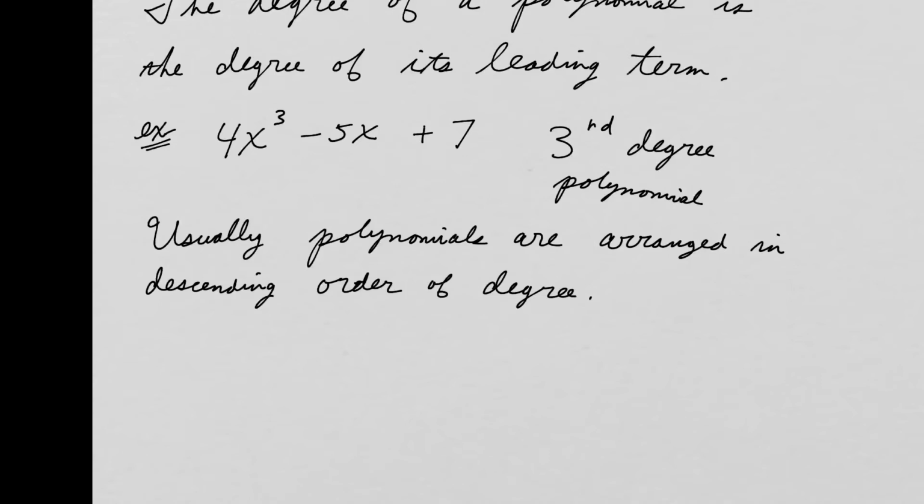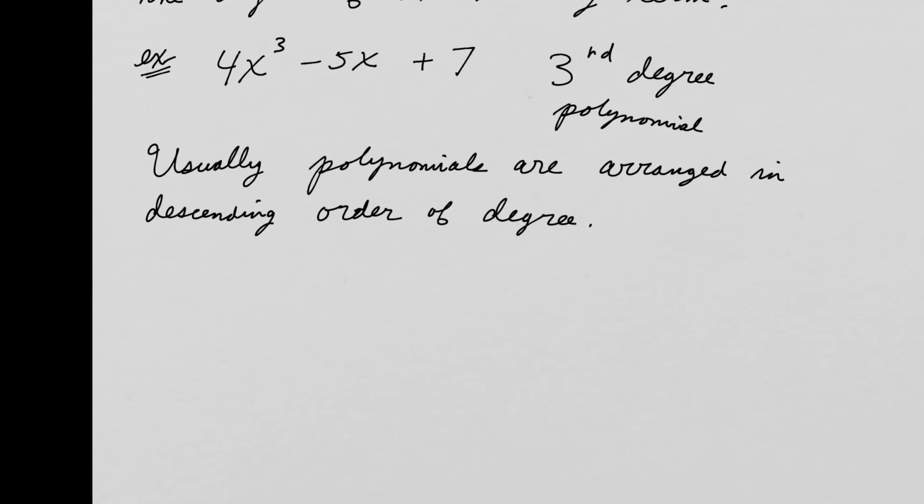So what that means is I would write the term with the highest degree first, then the next highest degree second, and so on all the way down to the constant, if there is a constant, right? So, for example, it's just convention to write it this way.